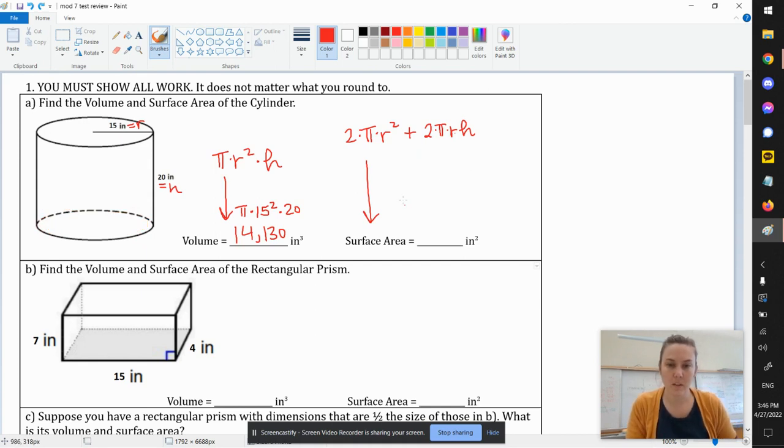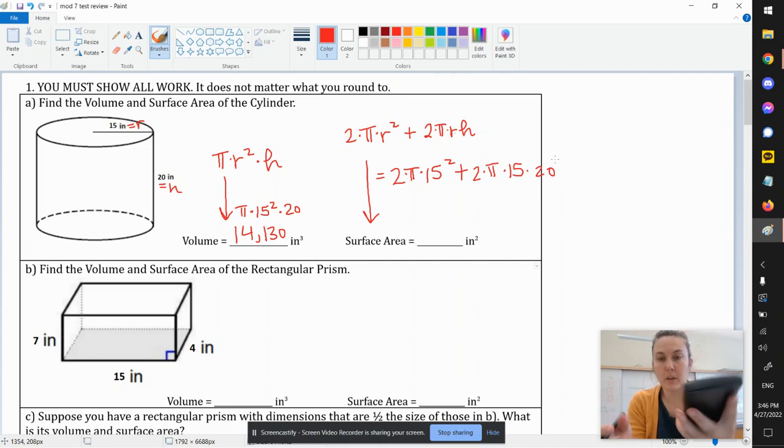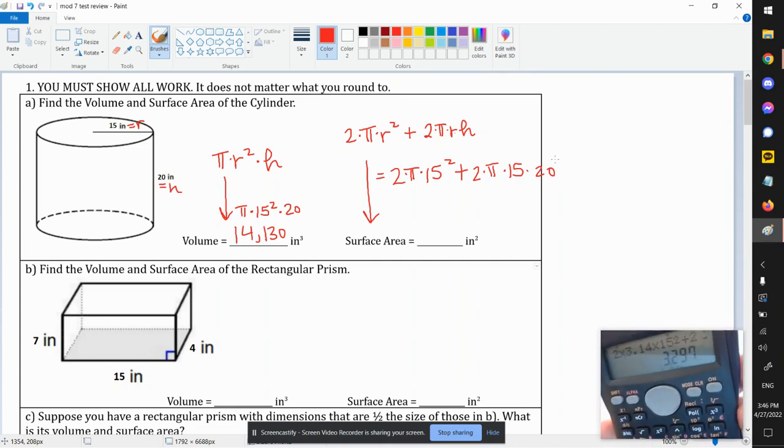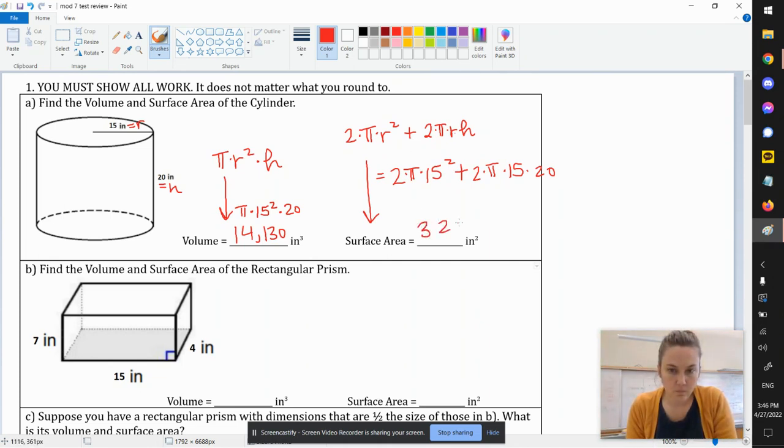Here for us, this is 2 times pi times 15 squared plus 2 times pi times 15 times 20. So again, we do 2 times 3.14 times 15 squared plus 2 times 3.14 times 15 times 20. Just plug it in your calculator.